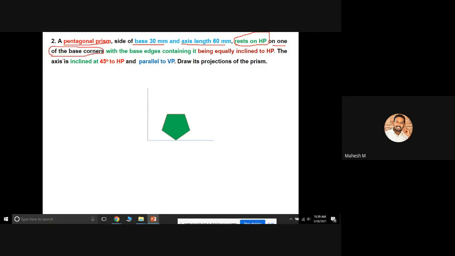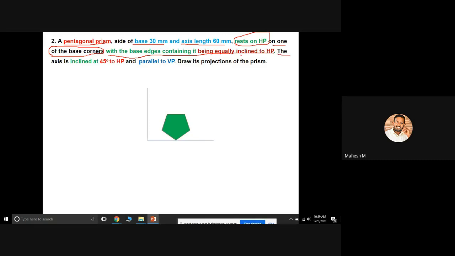Okay, it is rest on HP on one of its base corner. In our previous condition, it is one of its base edge. So there is a difference between these conditions. Okay, and the second condition is that the base edge containing it is equally inclined to HP.